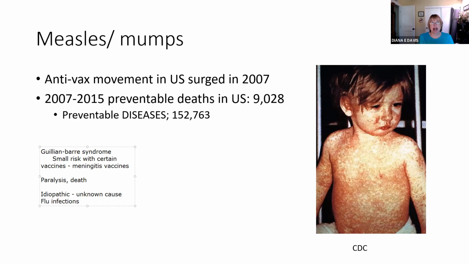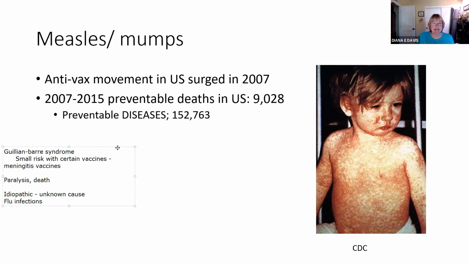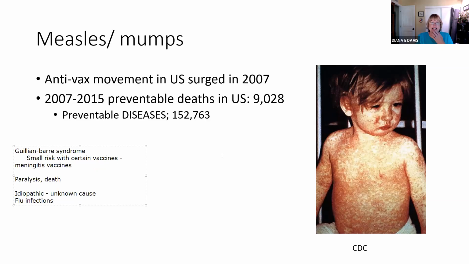And Guillain-Barré can happen at any age to pretty much anybody. So while there is a small risk, it's not as big of a risk as catching some of these nasty diseases that we could prevent with vaccines.